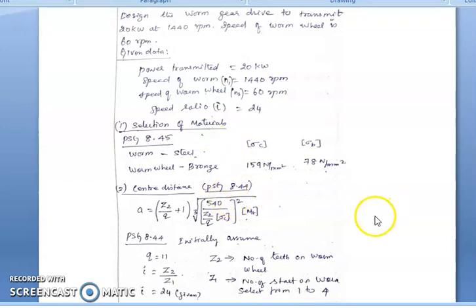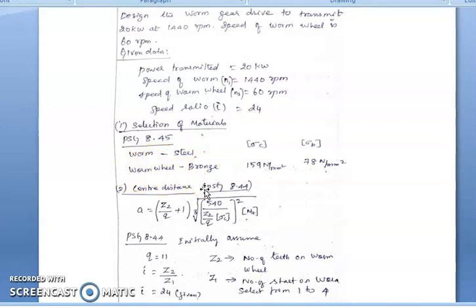Okay, as in the previous problems, here also the first step is the selection of material. In the data book at page number 8.45, the worm is always steel only. But the worm wheel is available in two cases, either bronze or cast iron.